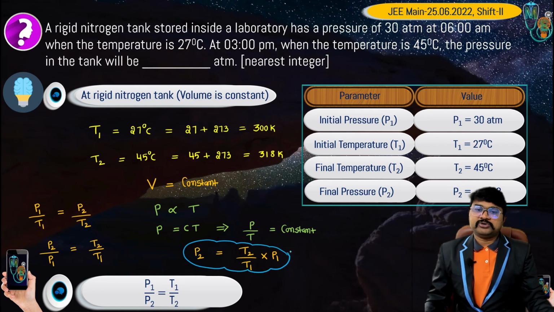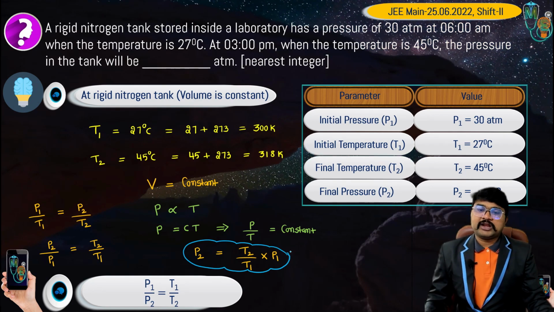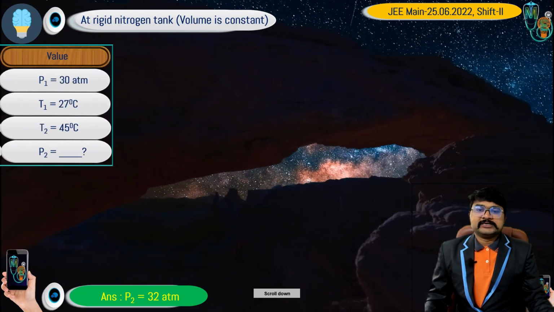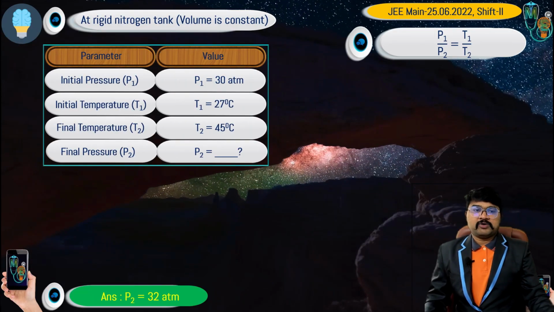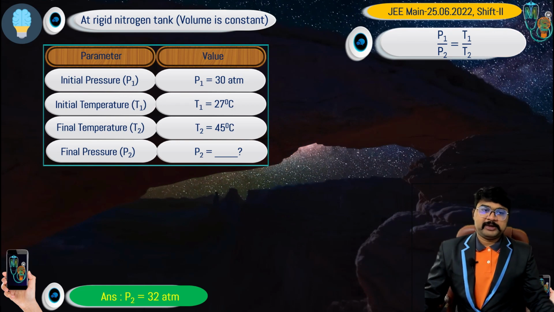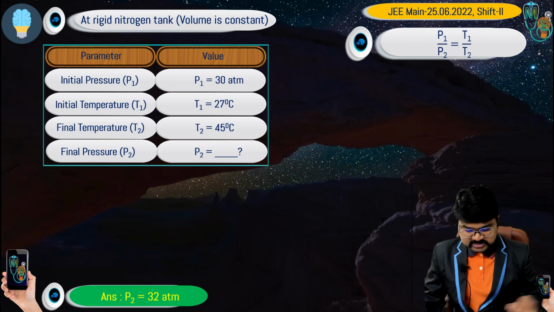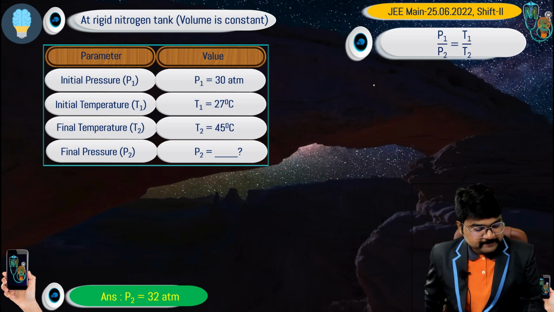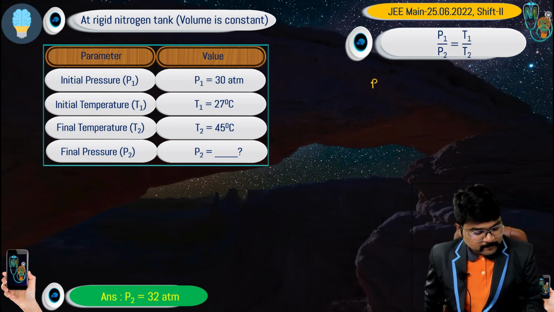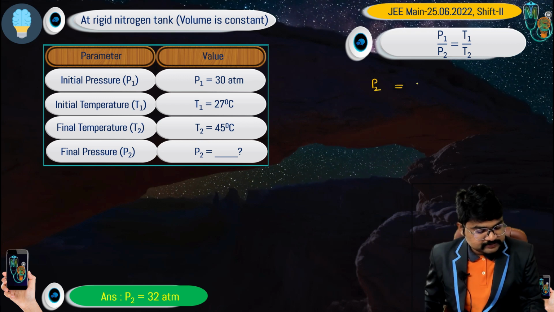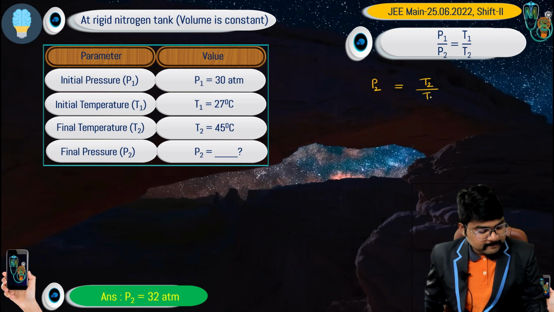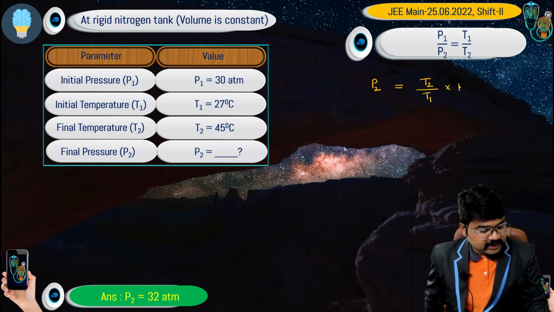Now we can substitute the given data in order to calculate P2. Now P2 by P1 equals T2 by T1, just now we had a discussion. Here we will be getting P2 equals T2 by T1 into P1.